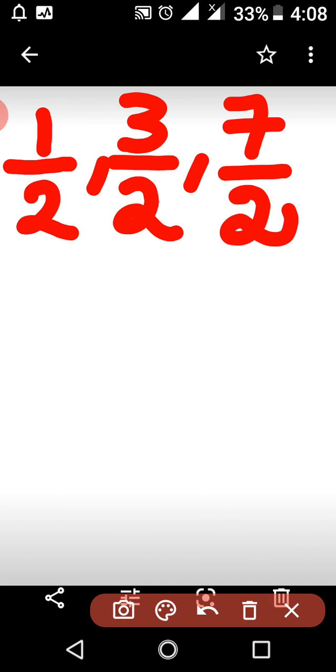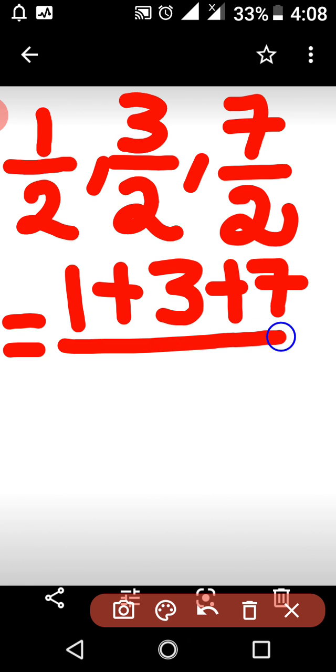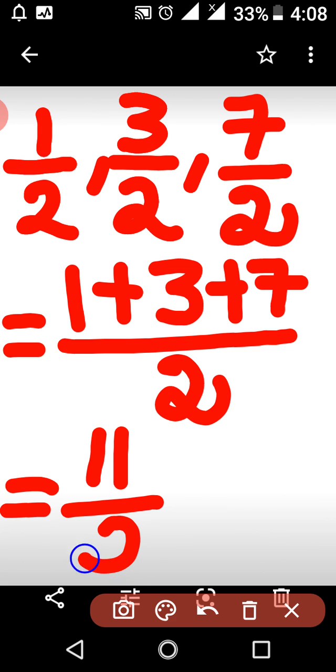Now the denominators are the same. Try to add the numerators. 1 plus 3 plus 7 whole by 2 only, 2 one time only. Now 1 plus 3 is 4. 4 plus 7 is 11 by 2.